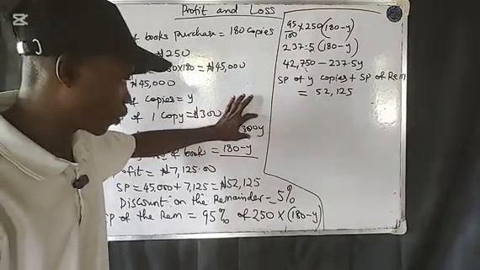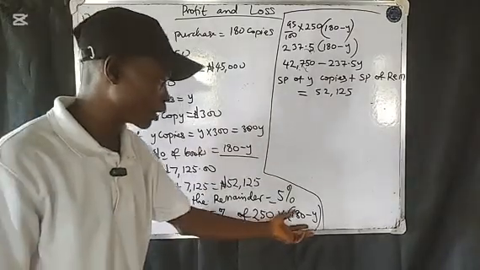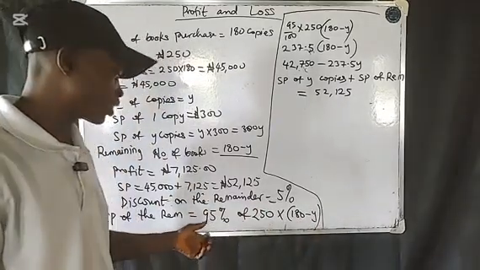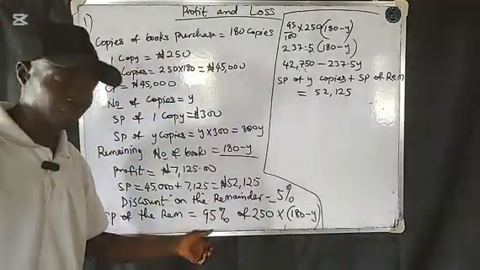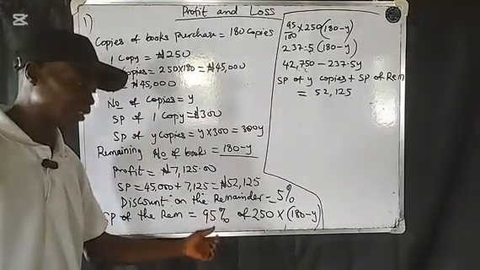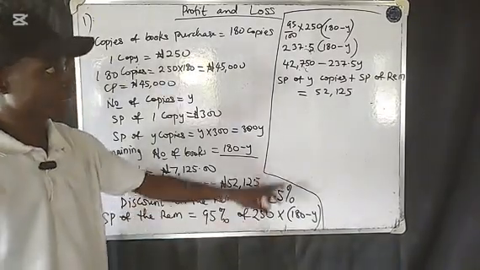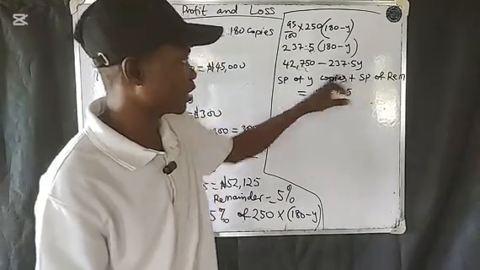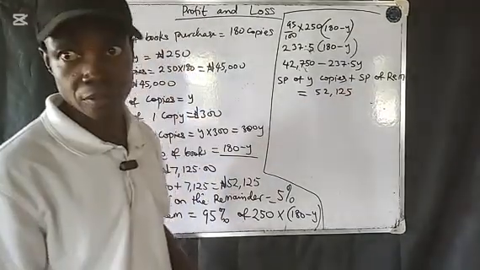The remaining is now not selling above cost price. It's even selling below cost price, at 95% of the cost price. That will give us this value. So this value plus the first value will give us this one. Okay?